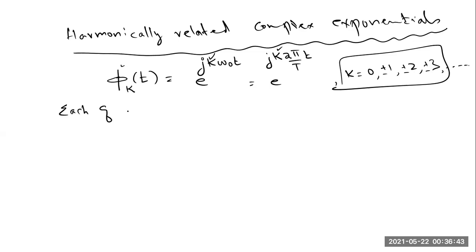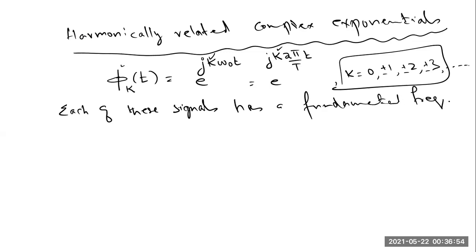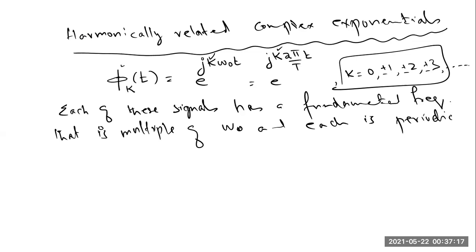Each of these signals has a fundamental frequency that is a multiple of omega naught, and each is periodic with period T. This capital T is the common period for all of the signals.